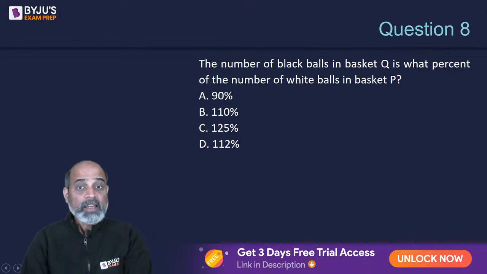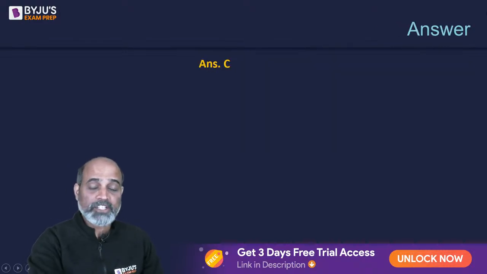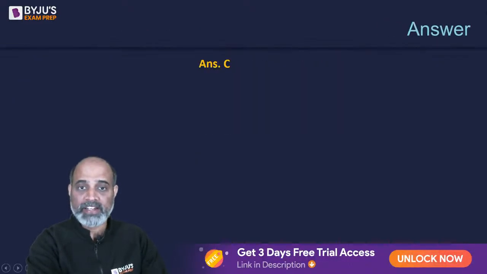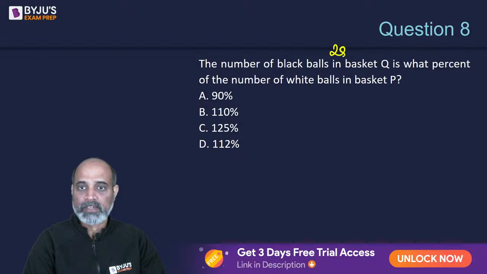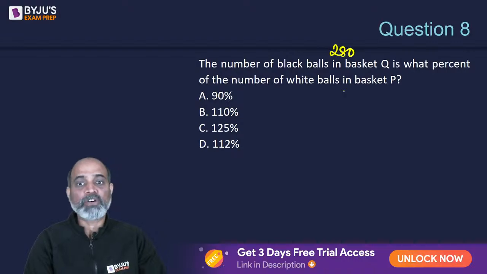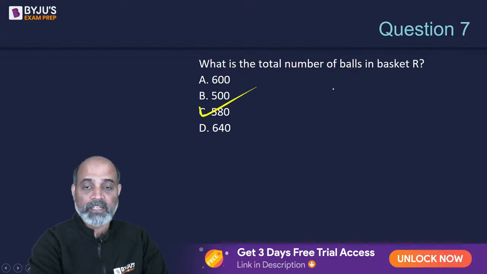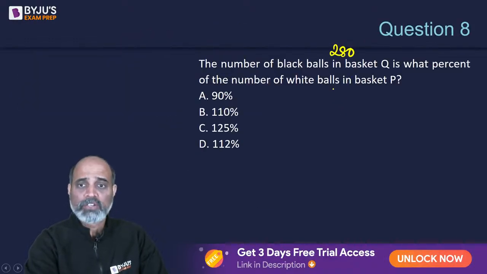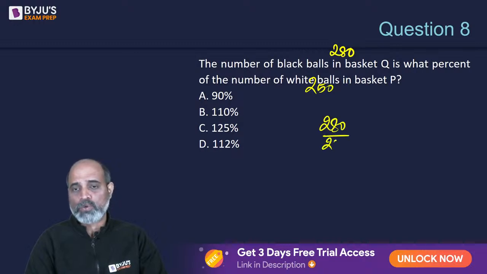The number of black balls in basket Q is 280, right? Is what percent of the number of white balls in basket P? So white balls in basket P is 250. So the question asked is, what is 280 upon 250?